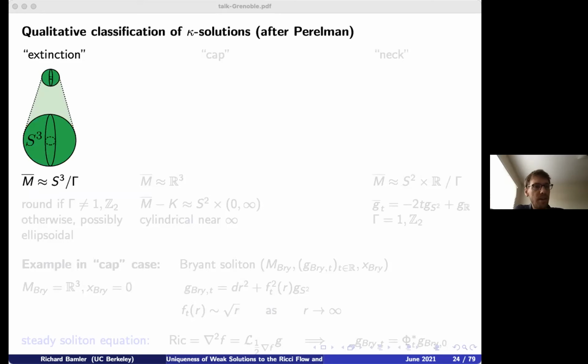There's one type of kappa solution that belongs to the extinction case. In this case, the manifold is compact, so it's a quotient of a 3-sphere.